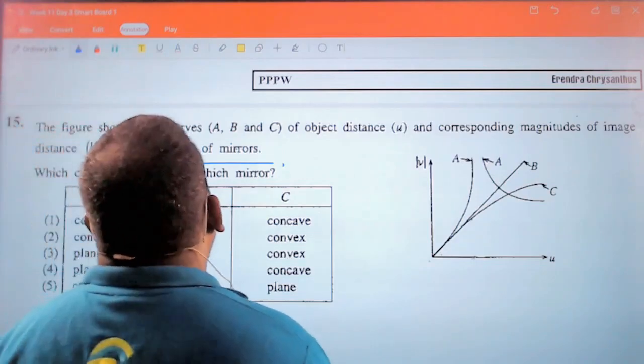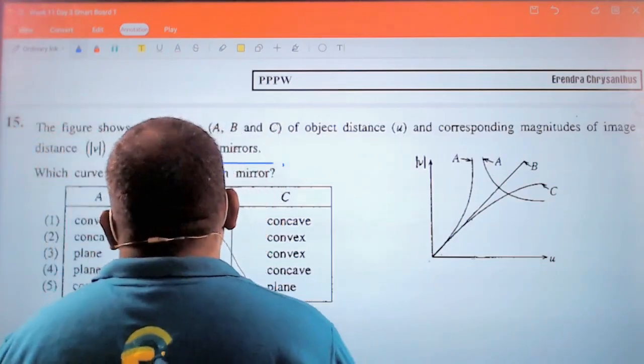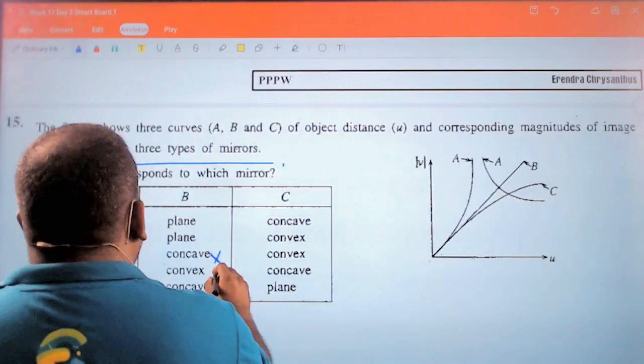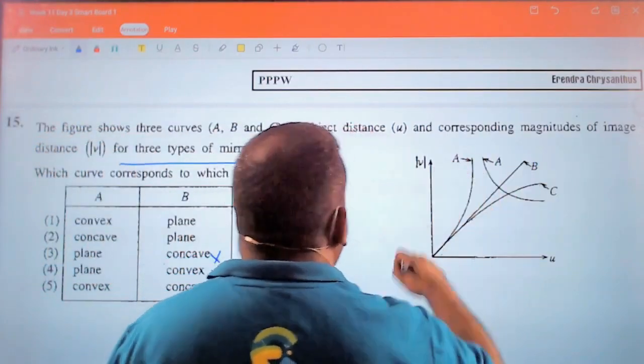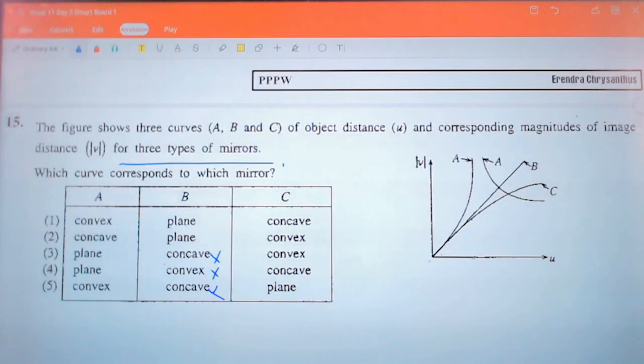B is guaranteed to be the plane mirror. For A and C only, I must discuss whether the image is going to be real or not.